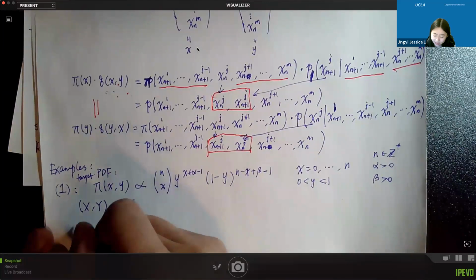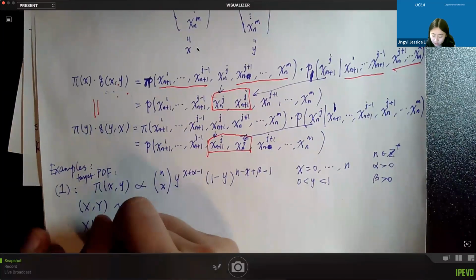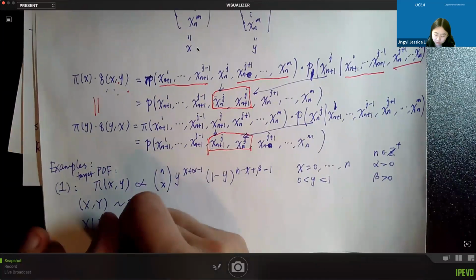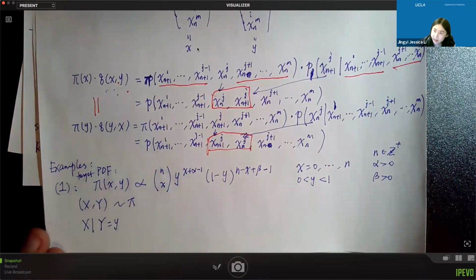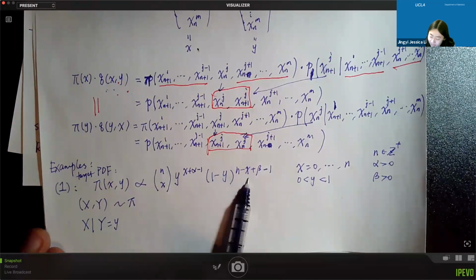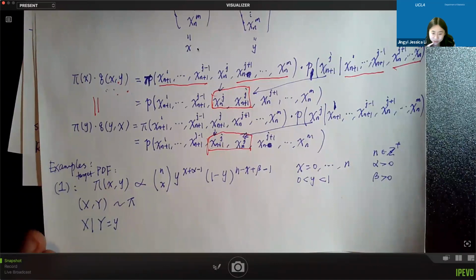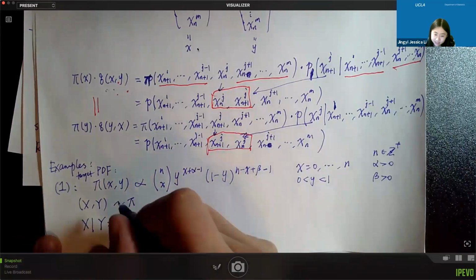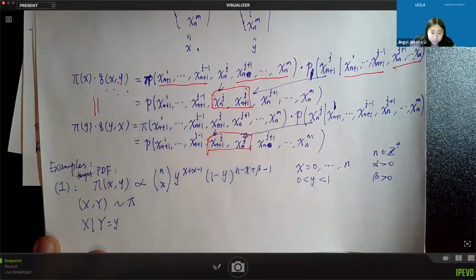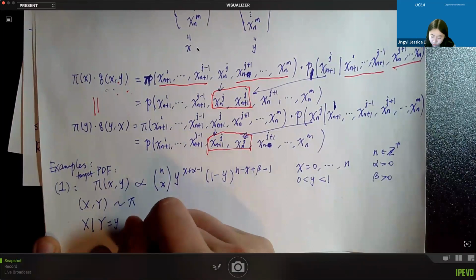But if you look at this conditional density, if I just set y equal to lowercase y and just want to sample x, then you see, given this, it's actually something we are quite familiar with. This is just a binomial.